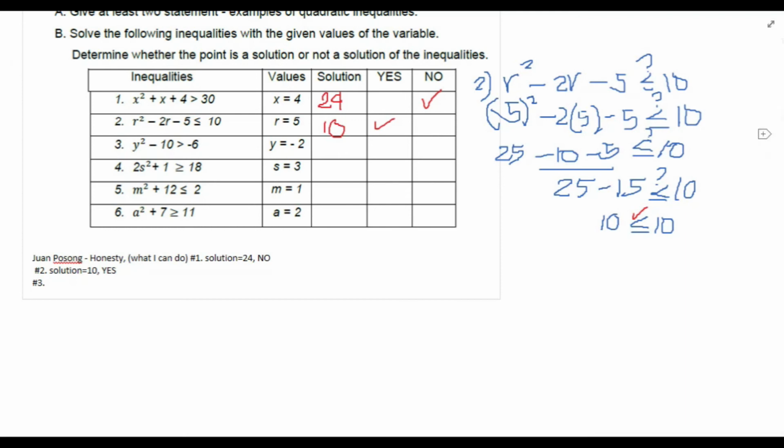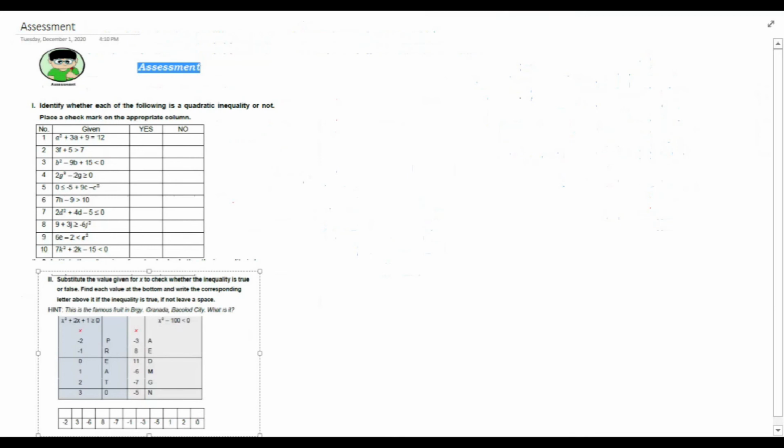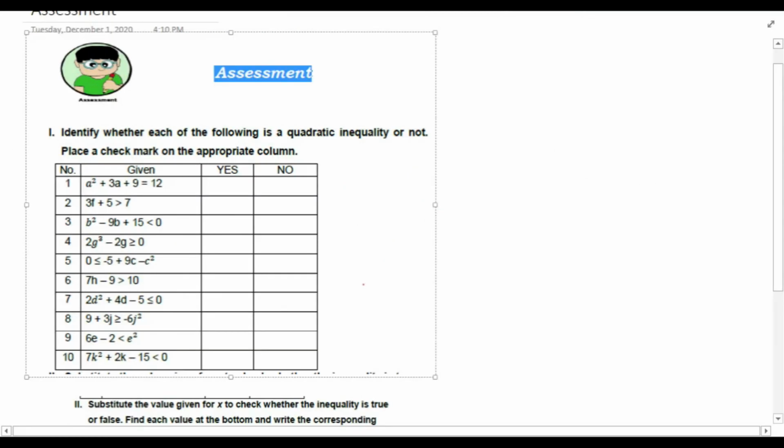Now for your assessment, we have here your assessment. How are you going to do the assessment? Identify whether each of the following is a quadratic inequality or not.